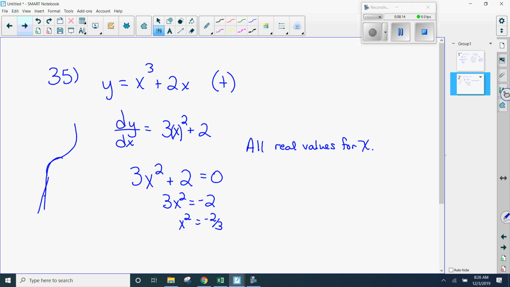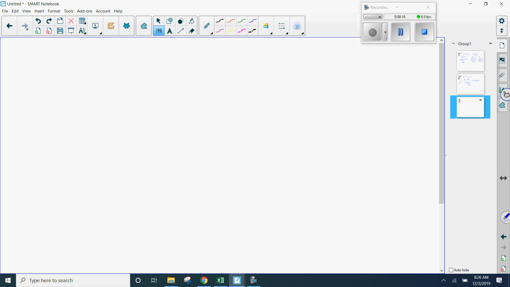And move to the next one. 36. 36 says, for what values of x is the slope of the curve y equals 2x squared plus 4x minus 5 positive? So what do we need to do? dy/dx.